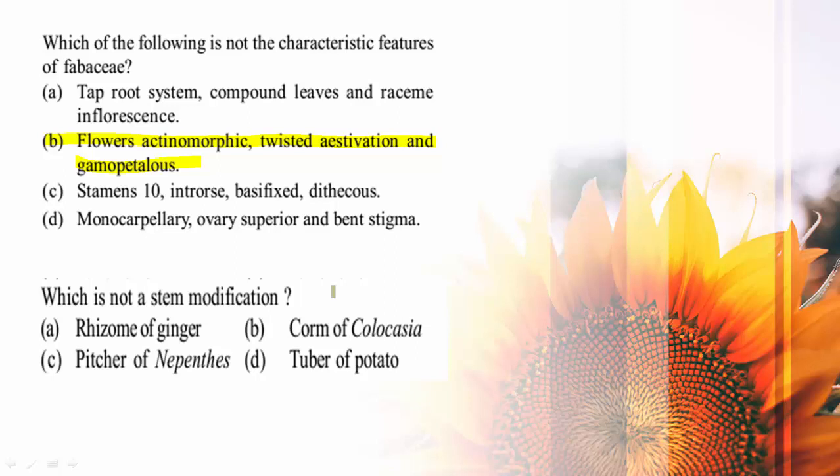Only one is not representing stem modification. And which one is that? Rhizome of the ginger is underground modification of the stem. Corm of colocasia is also underground modification of stem. Potato tuber is also underground modification of the stem. Then which is the right answer? Option C is the answer.